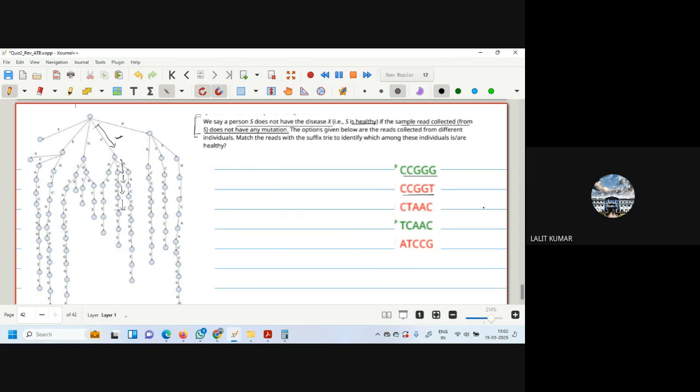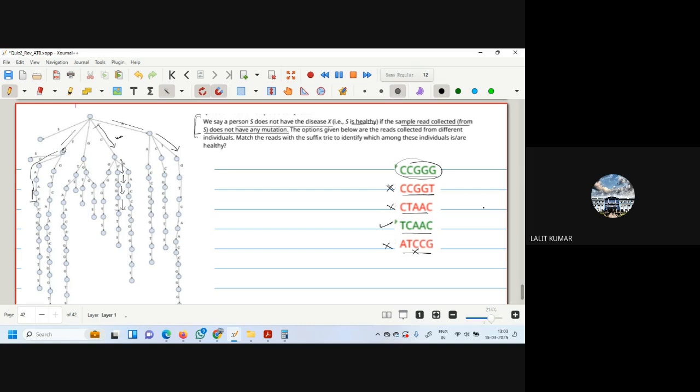CCGGT is not matching. Then CTAAC. CT, there is no T, so here it is not matching. Then we check TCAAC. We go to T, C, A, A, C. So this is matching. Then ATCCG, ATC is not matching. So this is not matching.